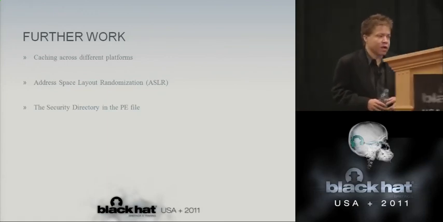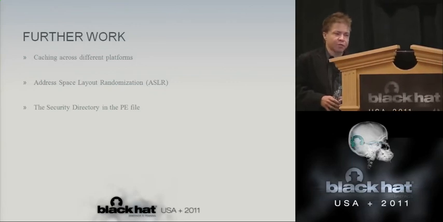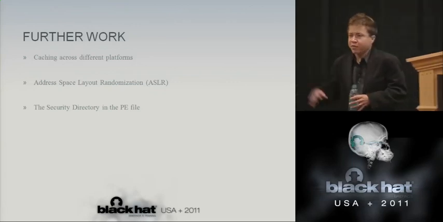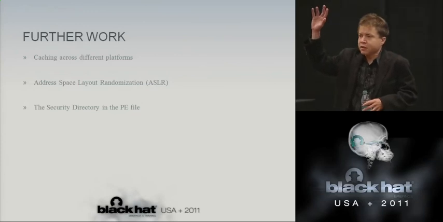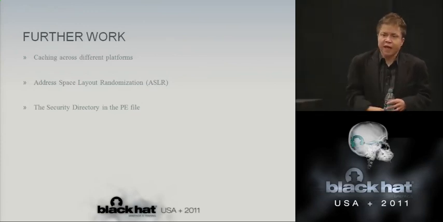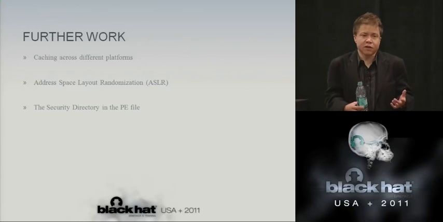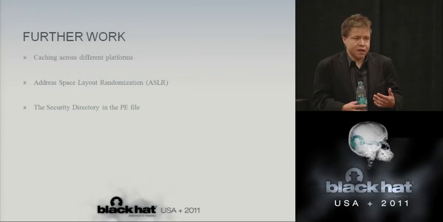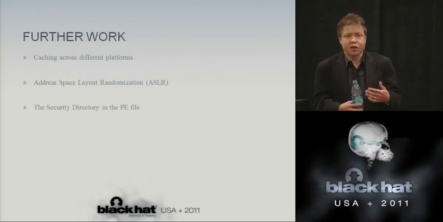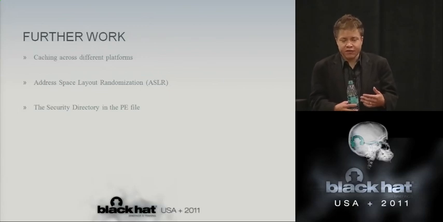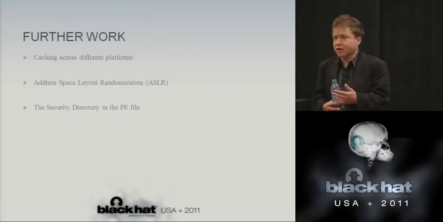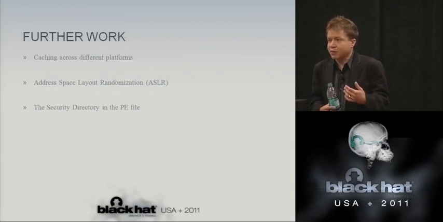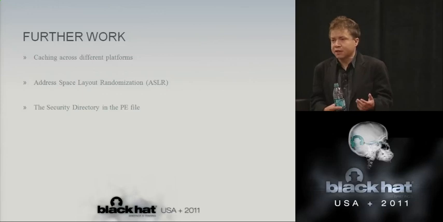There's also address space layout randomization. How many people are familiar with that concept? When a binary is compiled, it says, I would like to be loaded at this address. And a lot of things within the binary are based upon that desired load address. If the binary is not loaded at that address, then the operating system loader has to utilize a section of the PE file called the relocation section.